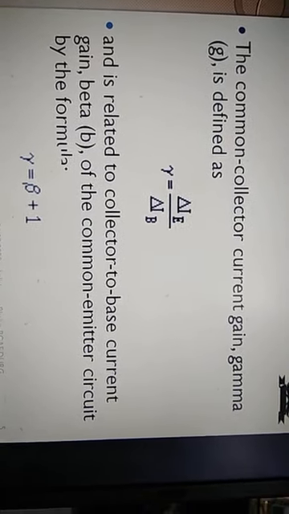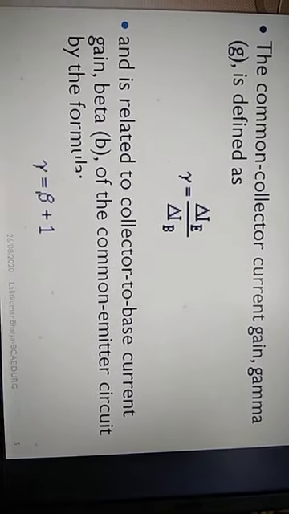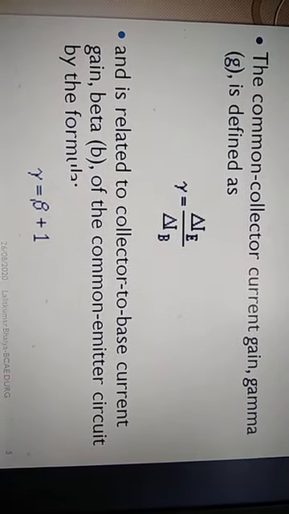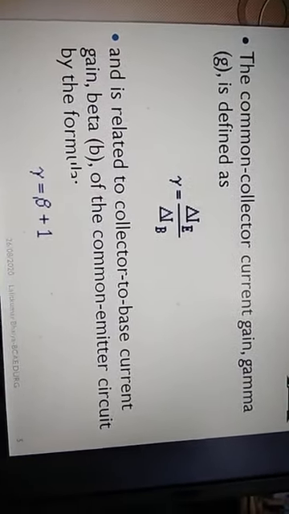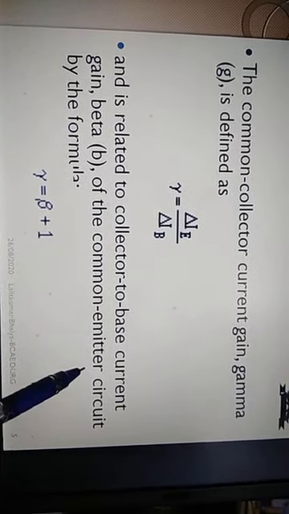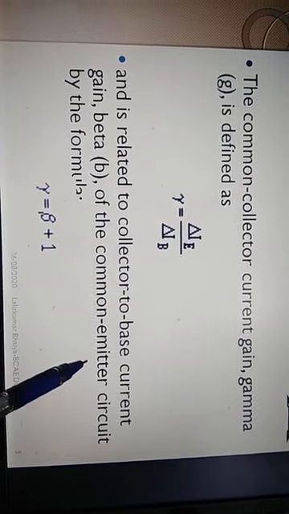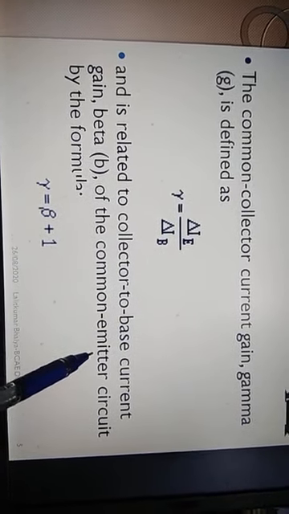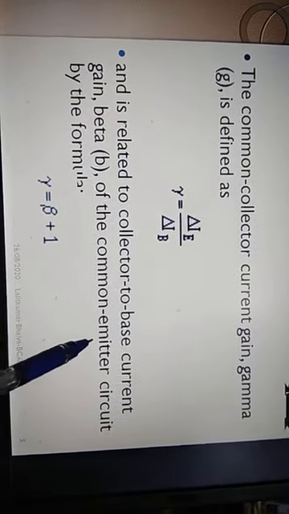So this is the current gain in case of the common collector configuration. And in common collector, the current gain is the highest as compared to the common base and common emitter and is related to collector to base current gain beta of the common emitter. In common emitter, beta is the current gain. That is equal to delta IC upon delta IB, or simply you can write IC upon IB.